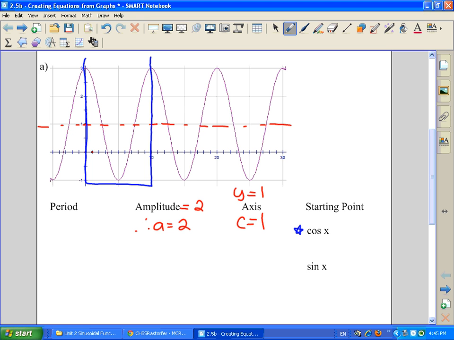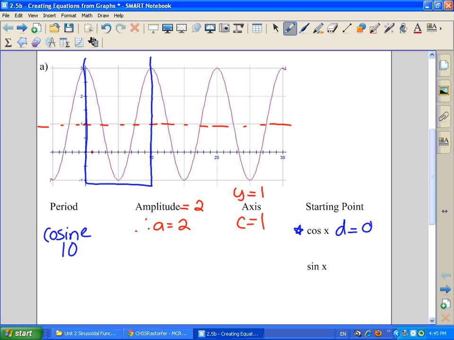Look at your scale, folks. It changes depending on what we're looking at. So for cosine, I have a period of 10. And the starting point for that would be at D equals 0.